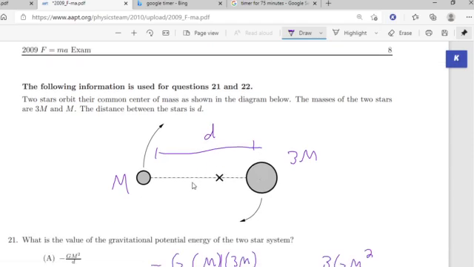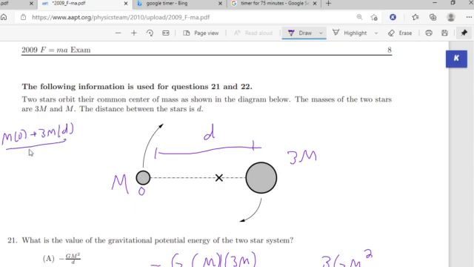And we can do that by, okay, so let's call this x position 0. So then we have m times 0 plus 3m times d over 4m, which then means that this is 3/4 d, and using basic subtraction, this should be d over 4.